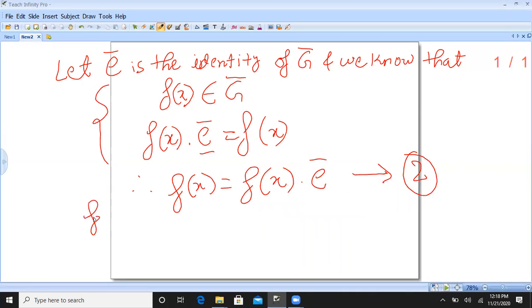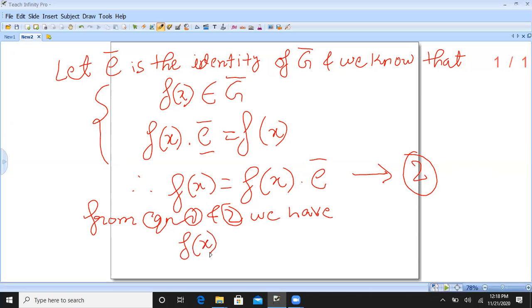Now from equation 1 and 2, we have that f of x into f of e is equal to f of x into e bar.